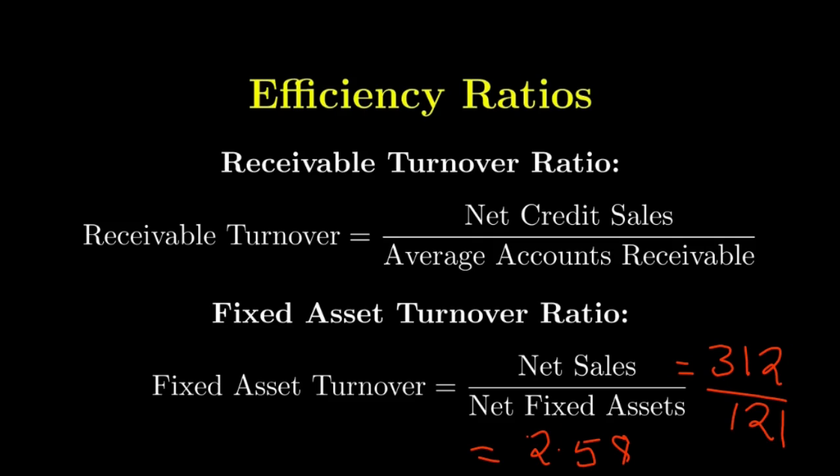That is the job of the receivable turnover ratio. The fixed asset turnover ratio is how a company uses its fixed assets to generate sales, and it's calculated by net sales divided by the net fixed assets.